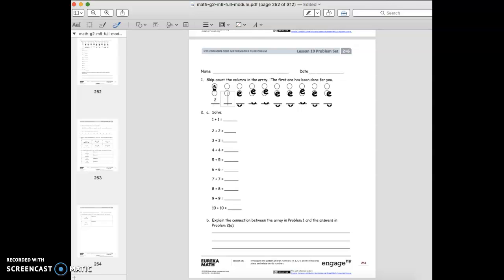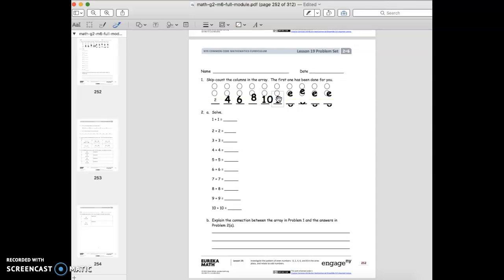So when we're skip counting, we start with 2 because this is the group of 2. 2 in this column. 2, 4. Then here would be 2, 4, 6, 8, 10. There we go.